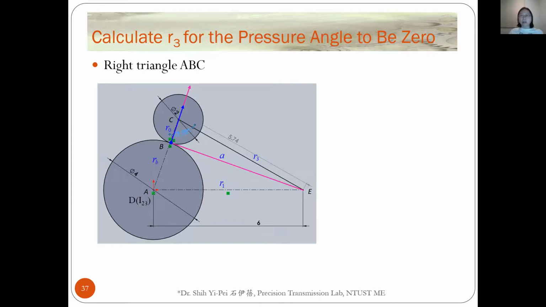The textbook says the angle ACE is 19 degrees, but from this figure, we know it is not correct. Actually, the angle ABE must be 19 degrees for the pressure angle to be zero during the initial dwell. Therefore, from the right triangles ABE and CBE, we can compute R3 by this formula.